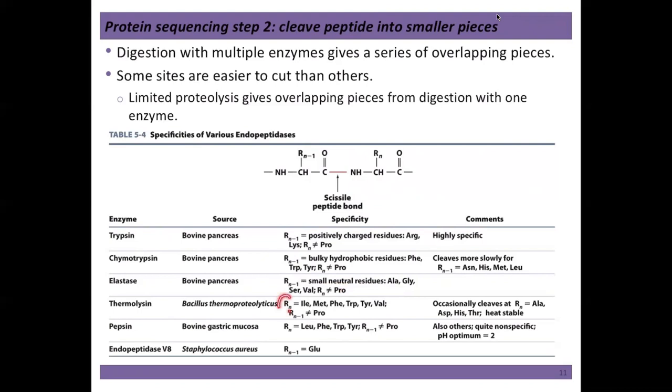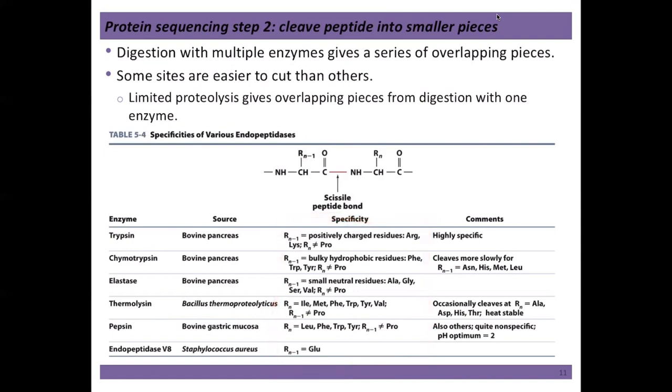Now this one right here, if it's isoleucine, methionine, phenylalanine, tryptophan, tyrosine, valine, it will cleave, but this N-1 can't be proline. So you don't need to memorize these, just understand how to read this chart. If we gave this on the test and then I gave you certain amino acids, you could figure out where it would cleave, but this information would be provided for you. You probably should know trypsin and chymotrypsin.